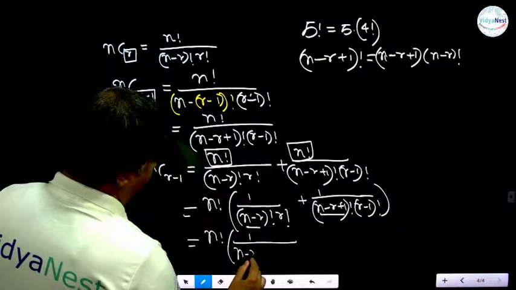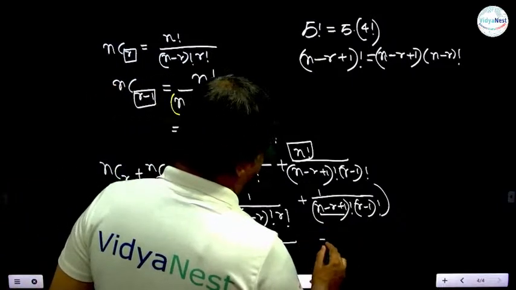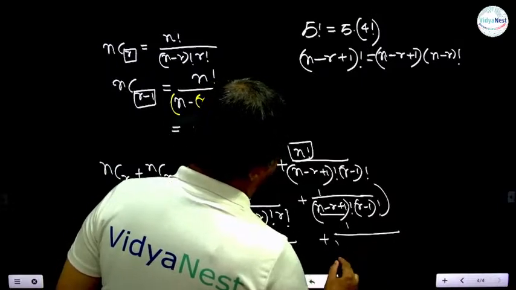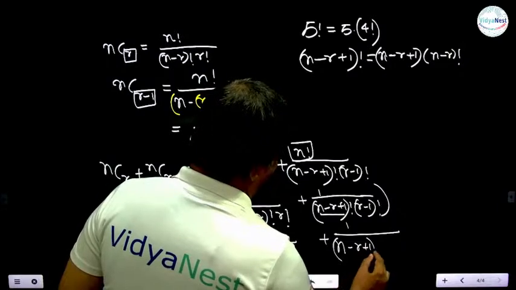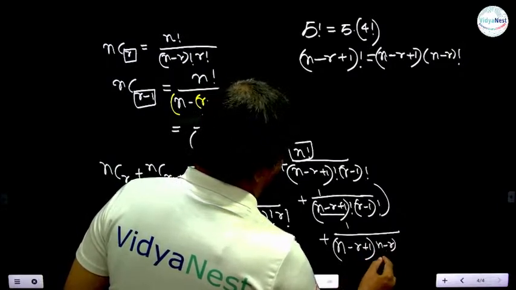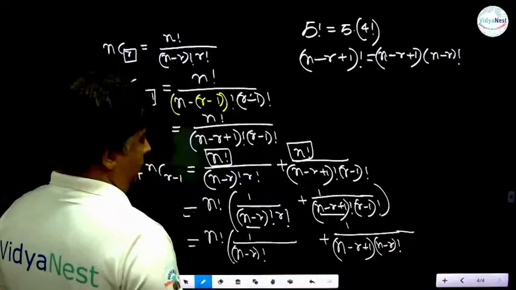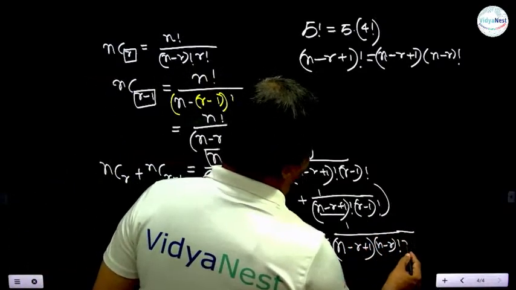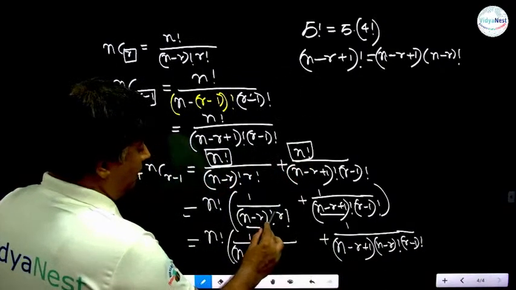Factorial n minus r, and here you can write n minus r plus 1 into n minus r factorial, and this is r minus 1 factorial. Now what about this factorial r?